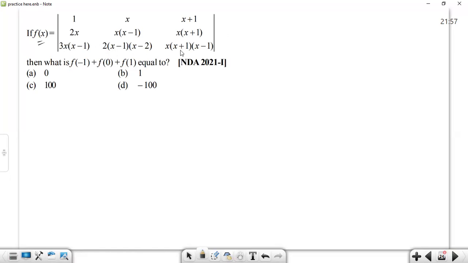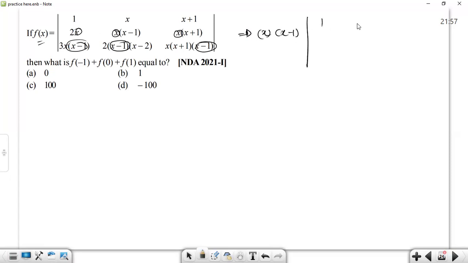So in this, we can see x minus 1 is common in the third row. And in the second row, x is common. So let's take x common from the second row, x minus 1 common from the third row.